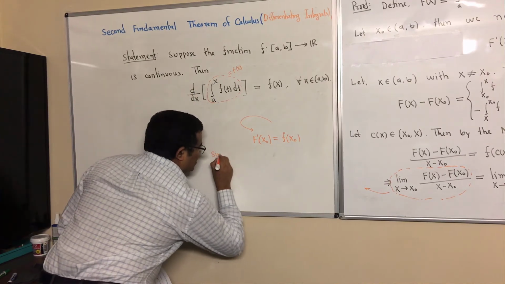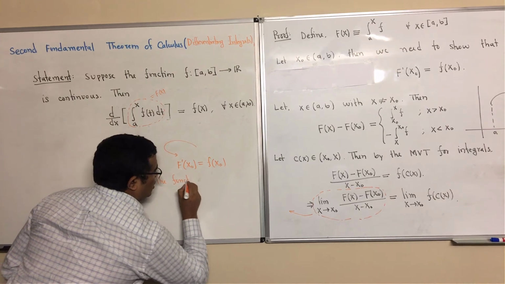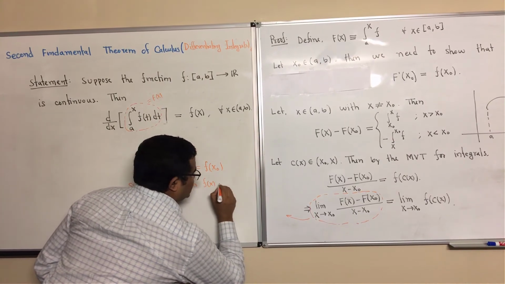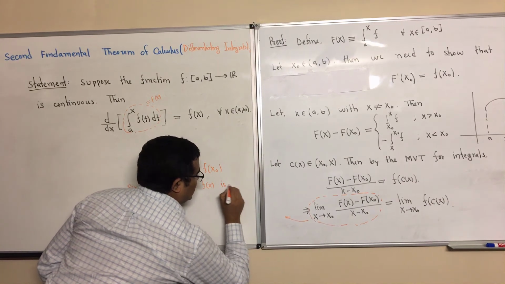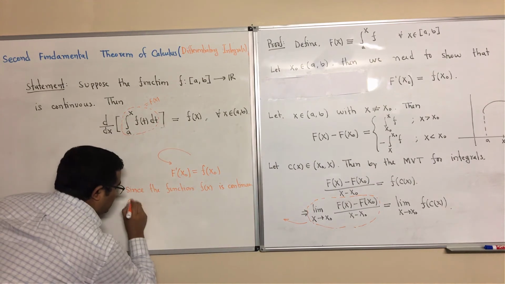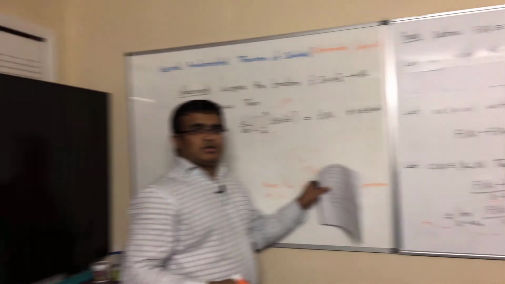Since the function f is continuous at x0, this is the proof. This completes the proof.